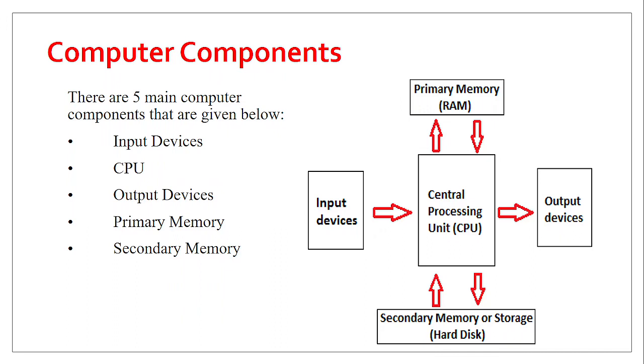Now, looking at the input device, the input devices are known to only send; they only communicate with the CPU in a one-way direction, not bidirectional, as you can see with the primary memory and secondary memory. So input allows you just to enter, key in, right? It sends instructions, right? That is the only work of the input devices.